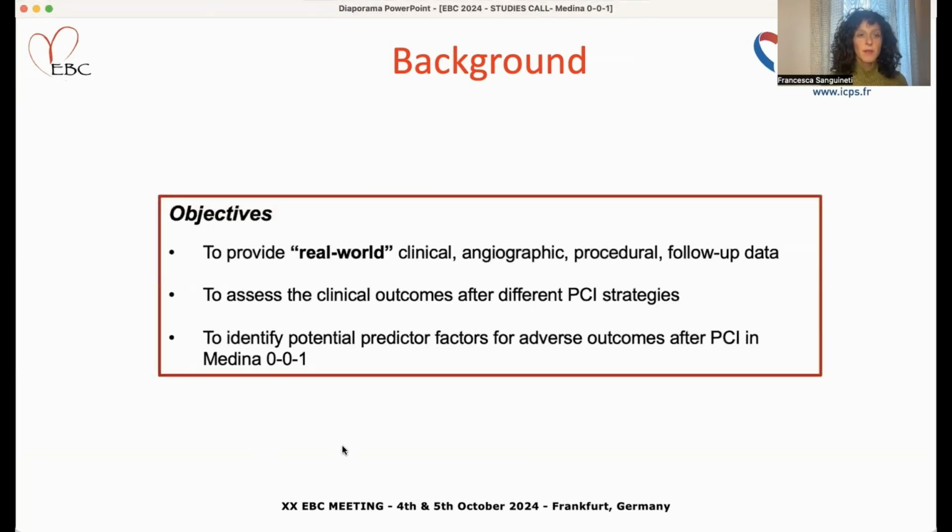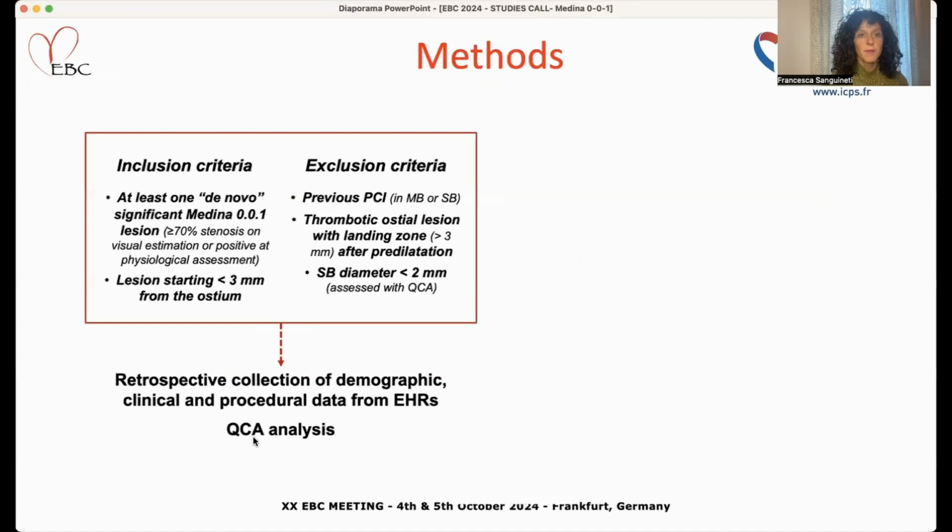The objective was to provide real-world clinical, angiographic, procedural, and follow-up data, and to assess the clinical outcome after different PCI strategies, to identify potential predictor factors for the adverse outcome after PCI in Medina 001.